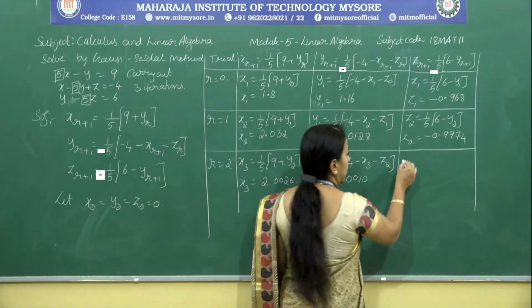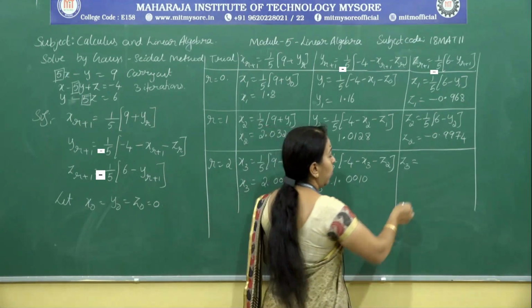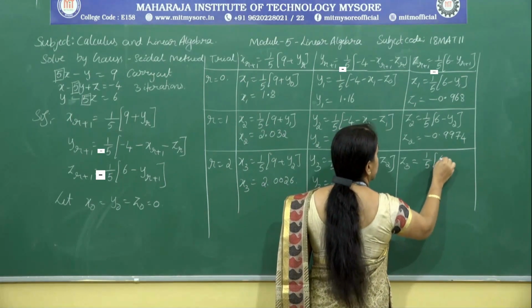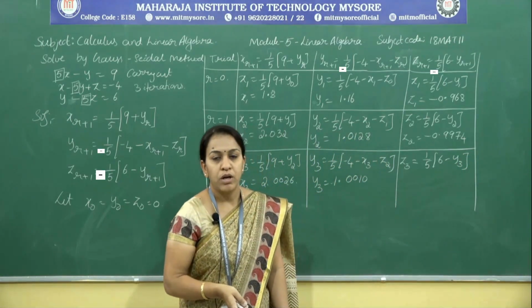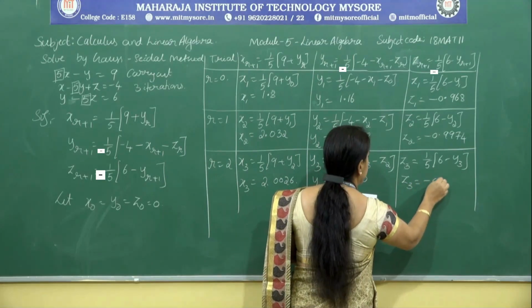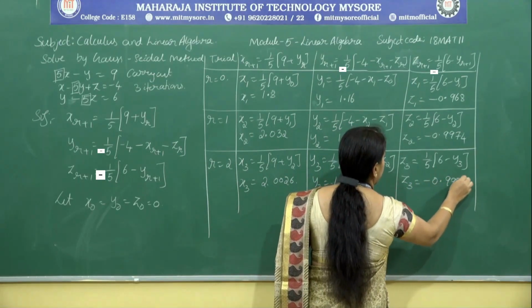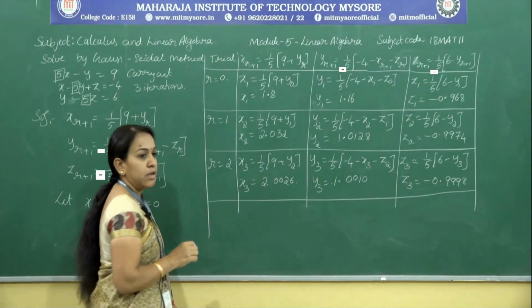Okay, the next one is z3, 1 by 5 into 6 minus y3. If I substitute the corresponding y3 value, then I will get z3 equal to minus 0.9998. So that completes our required trials.